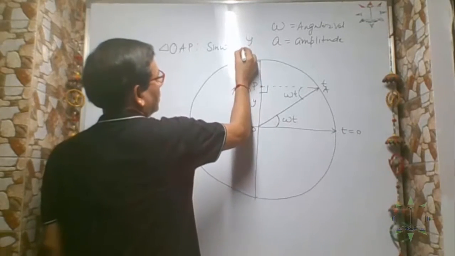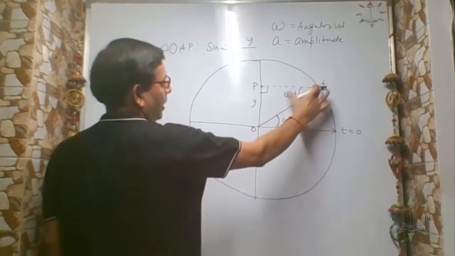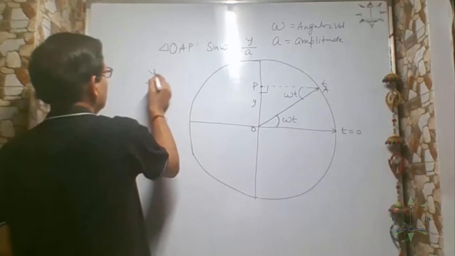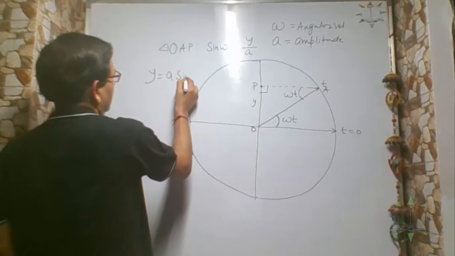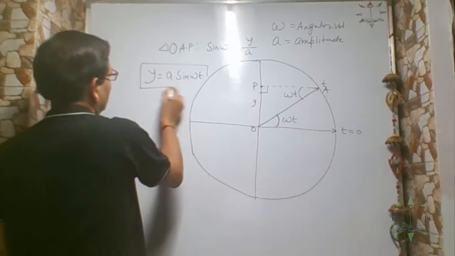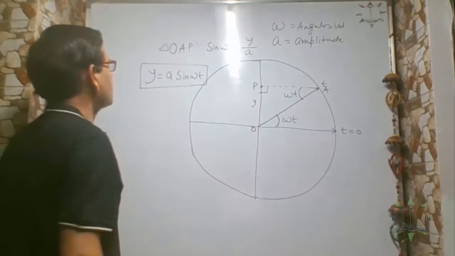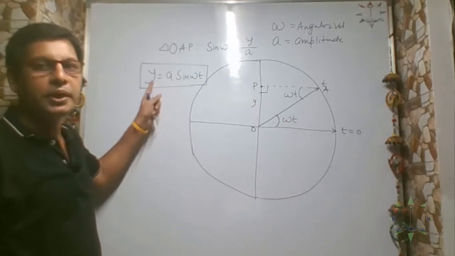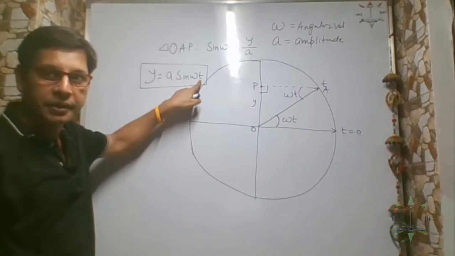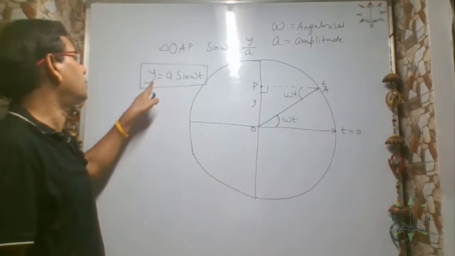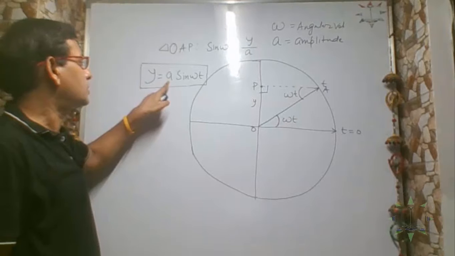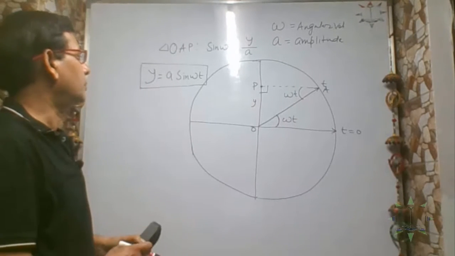OP is y, and OA is the maximum distance, that is the length of the radius vector, A. So y equals A sin omega t. This equation is called the displacement equation. Why is it called the displacement equation? Because if you put the value of t here, then you can find out the position of the particle. Okay. This is called the displacement equation.